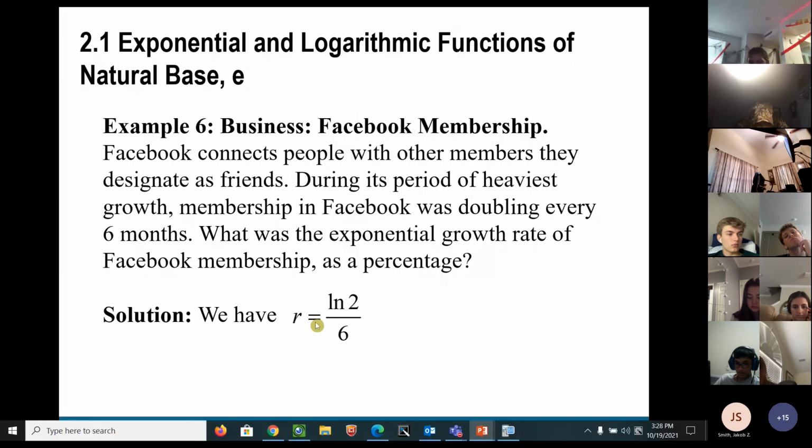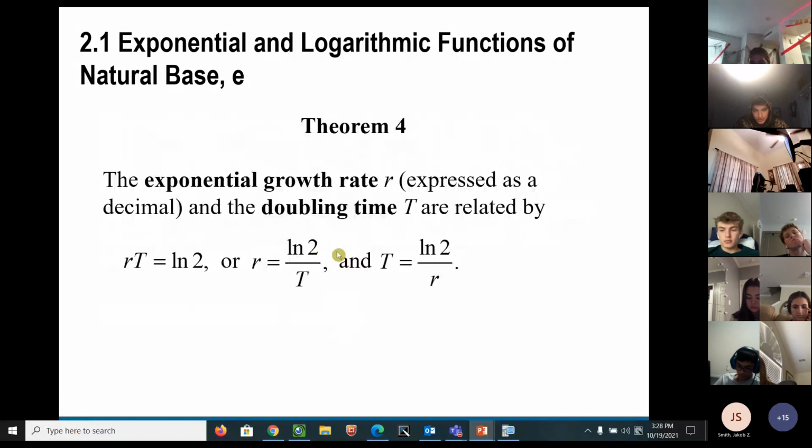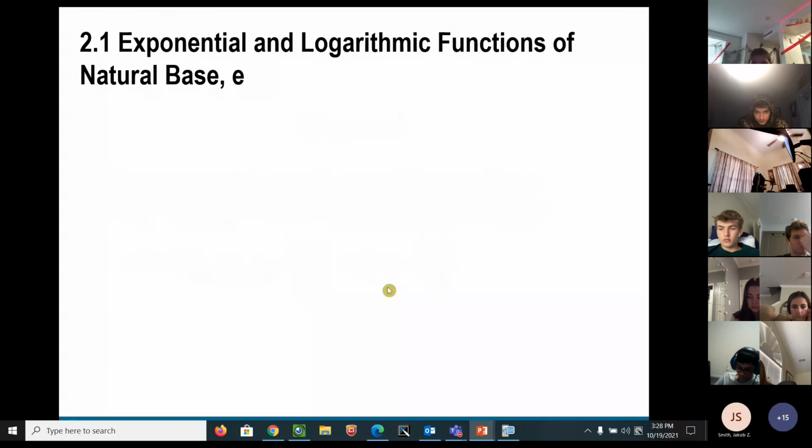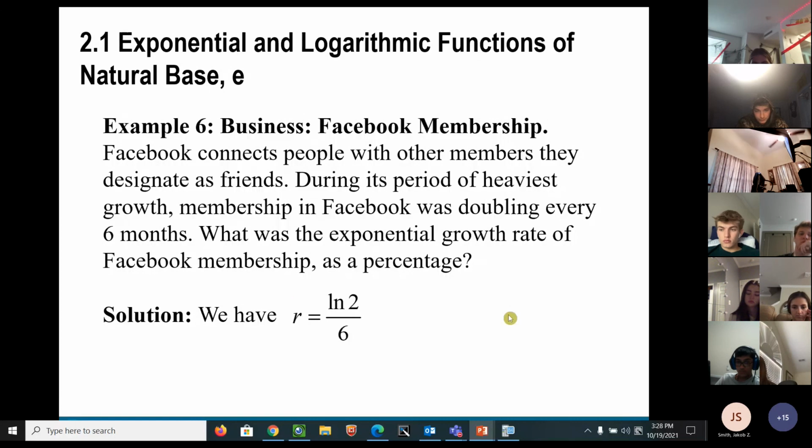There you get R is equal to natural log of 2 over 6, six months. And there is the rate, 11.6.